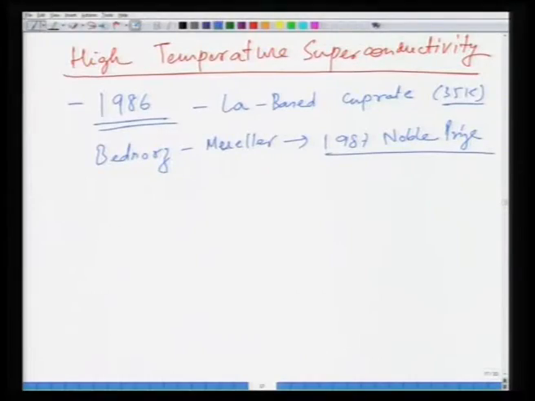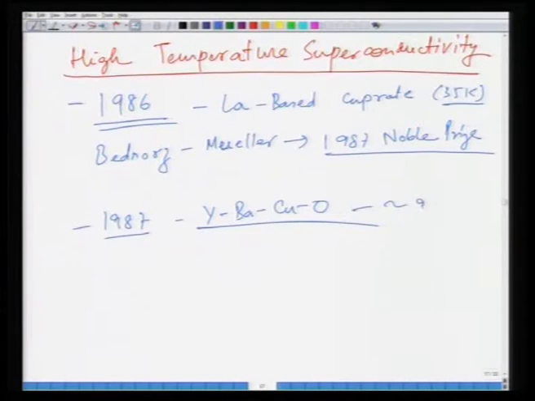Now this was followed by the discovery of another compound in 1987, yttrium barium copper oxide, which was found at the University of Alabama, where I think Paul Wu and his researchers made this discovery, and it has a Tc of 92 Kelvin.